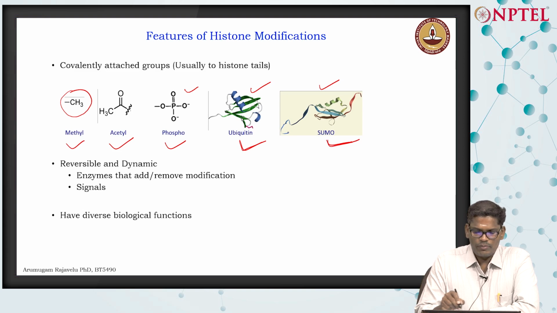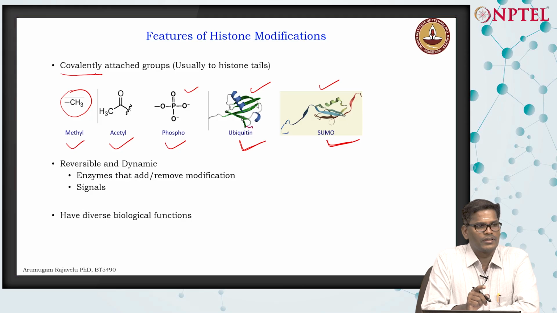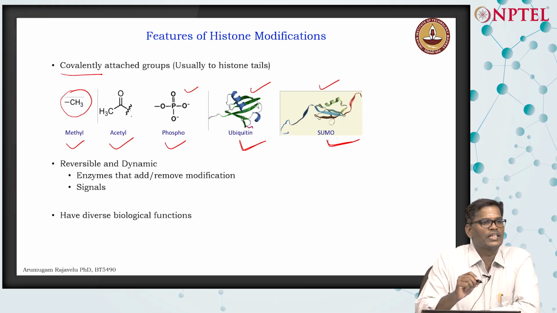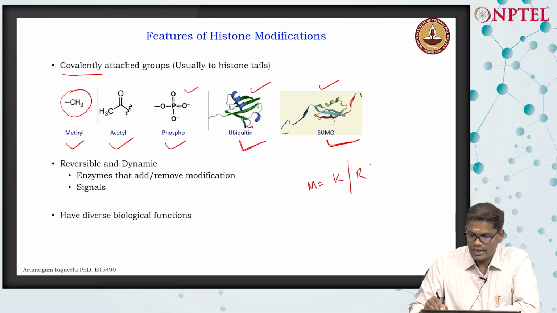Right. So all the modifications are covalently attached, that you should keep in mind. It's not any other simple bonding. Methylation takes place on the lysine amino acid, then arginine. These are two important residues. In addition, glutamine as well. These are recent studies identified.